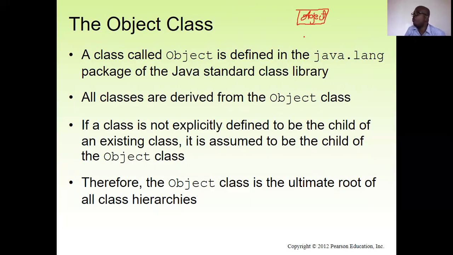So if you build your application with Person and Student, just know that there is a relationship with an Object class at the top of Person. So it basically means that every class in Java is an Object.